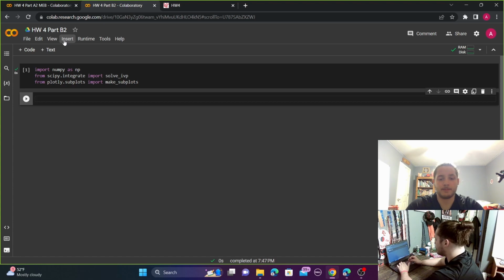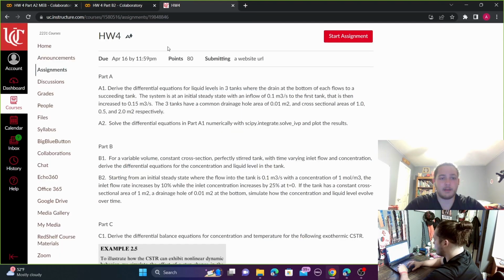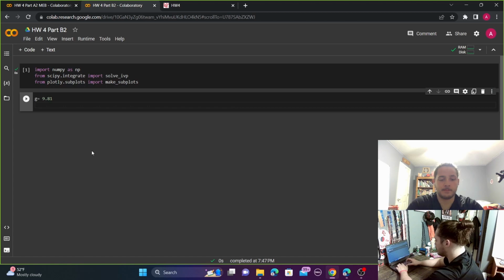Okay, and now we are going to initiate our knowns that we are going to be using and pulling from so that we can solve our equations. So to start, we can go ahead and label g for gravity as 9.81, and then we can set Qn naught as 0.1, which is just the initial value for Qn.